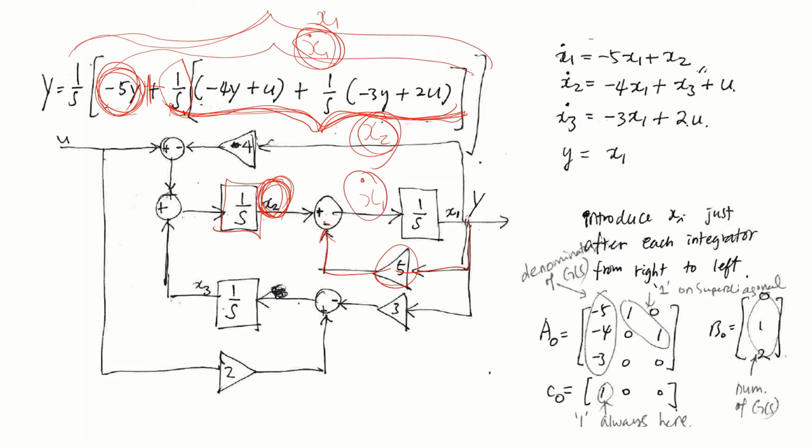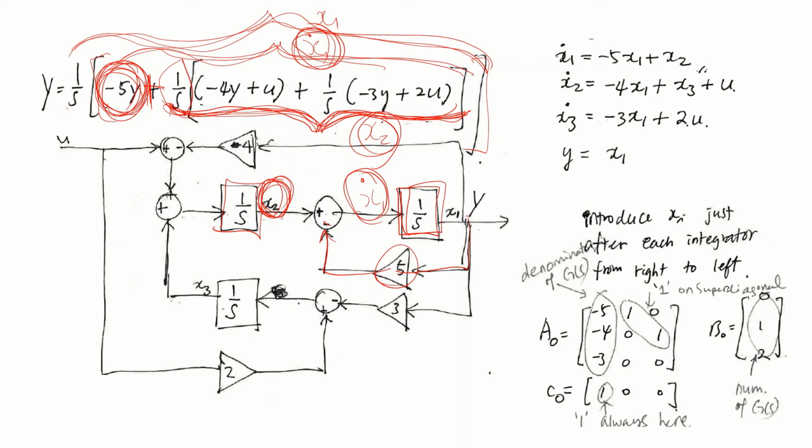The whole thing is x1, and x1 is defined right after this integrator, and just before this integrator it will be x1 dot. So everything inside this square bracket will be x1 dot, and x1 dot is minus 5y plus everything here, and that is defined as x2.